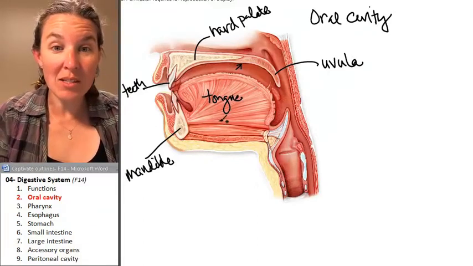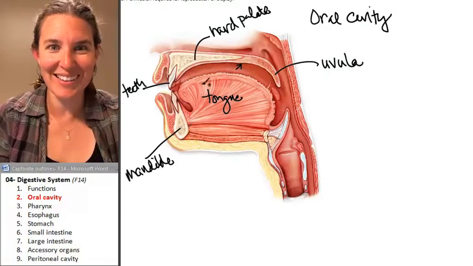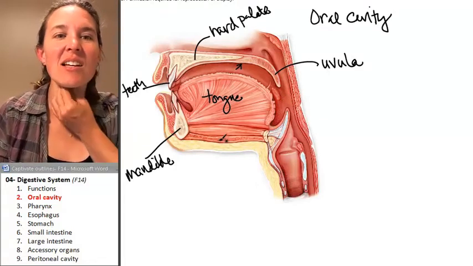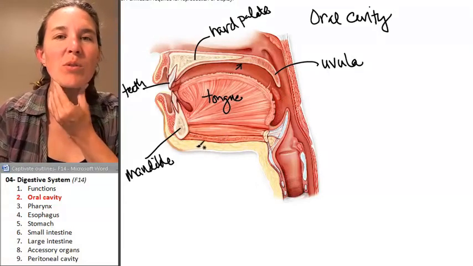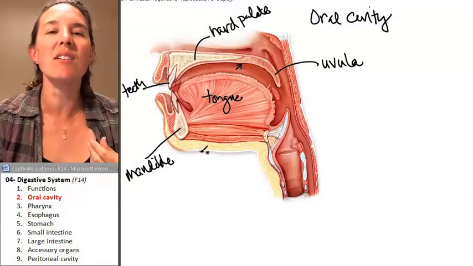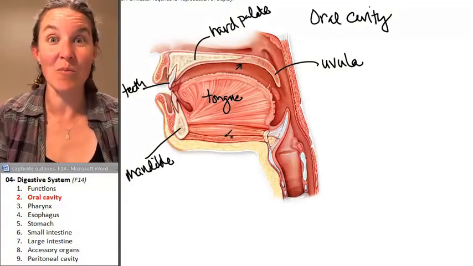Look at all those muscles in there, all attached to the mandible. And this is the space between your mandible bones. We're going to talk about all those muscles that control that kind of movement that you can make.